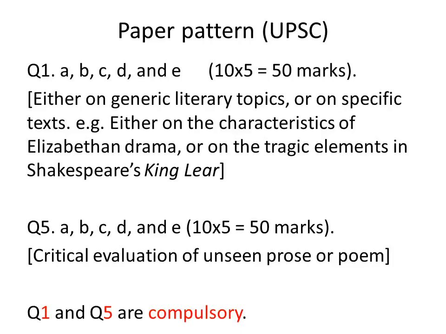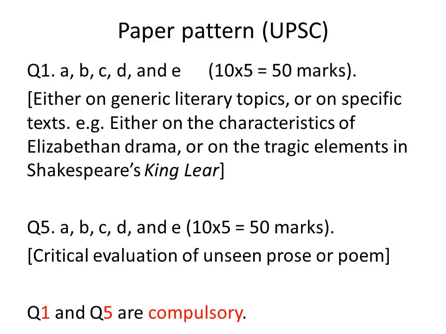Question 1 is going to be on generic literary topics like the ones you saw over there in WBCS, or on specific texts. So it could be anything, the pattern is not fixed. They could either ask you about the characteristics of Elizabethan drama, or they could question you specifically on the tragic elements in Shakespeare's King Lear. And question 5 is going to be a critical evaluation of an unseen prose or poem.